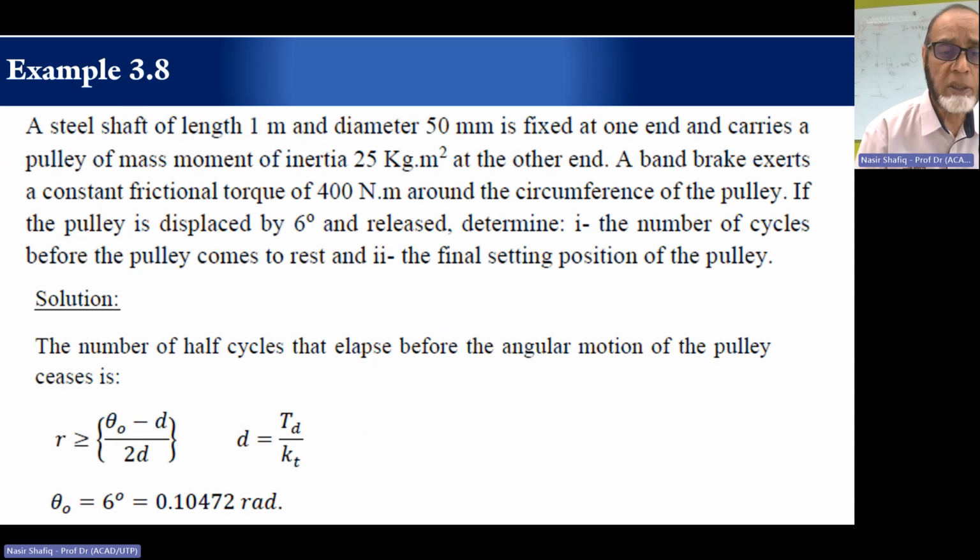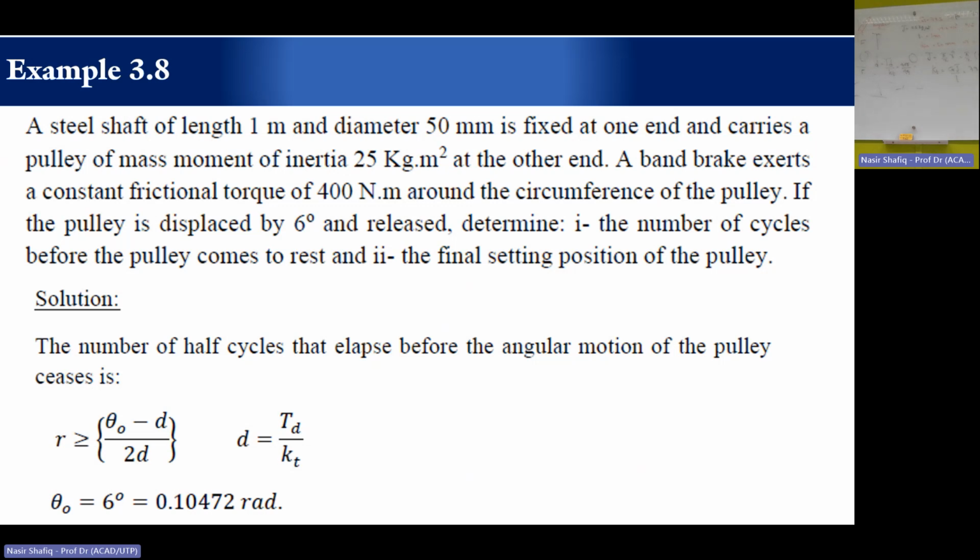So what is D? Roughly 49,000, right? So that is D. So you can put theta.